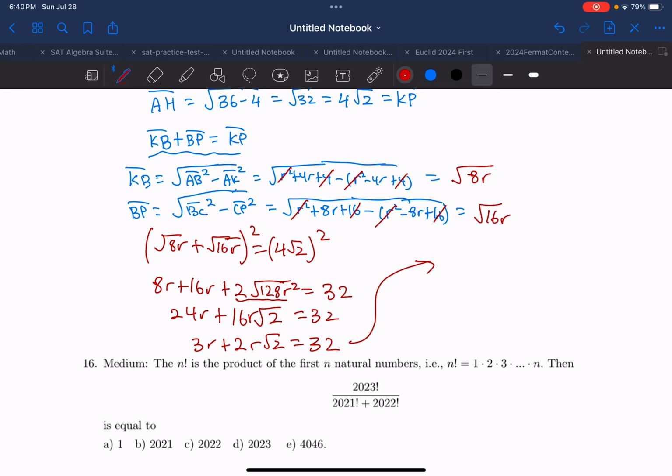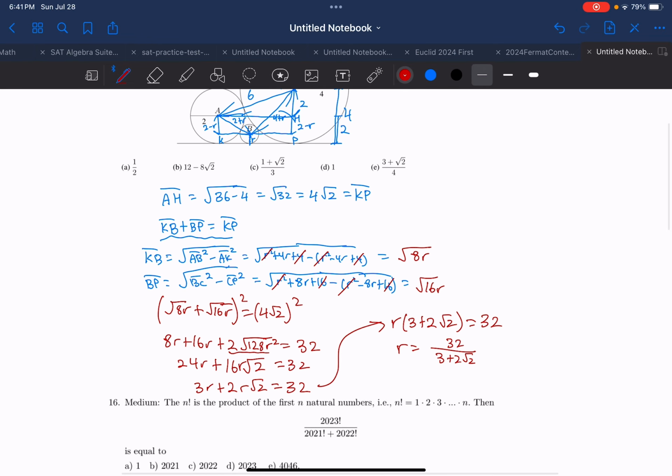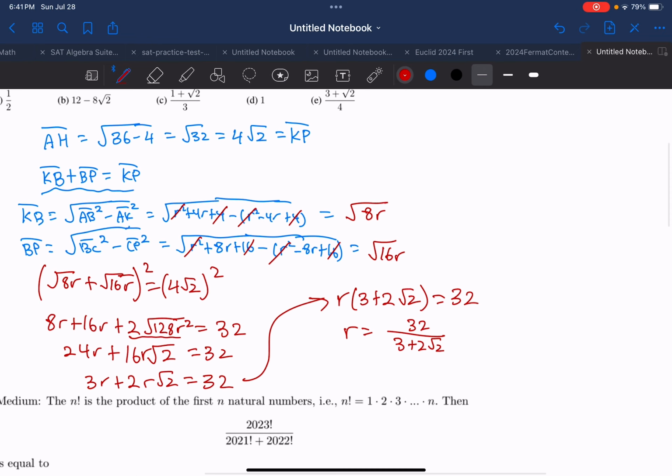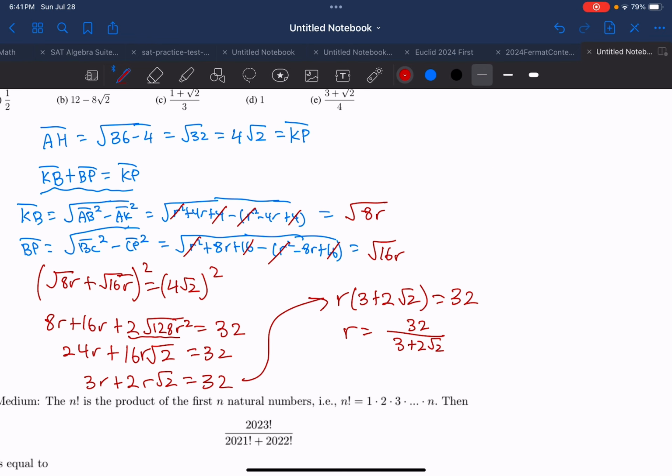And now we could group the r's as they're the same in both. We get something like this, and our r would equal 32 in the numerator and 3 plus 2 root 2 in the denominator. And since this is not one of our options, we need to simplify it even more.